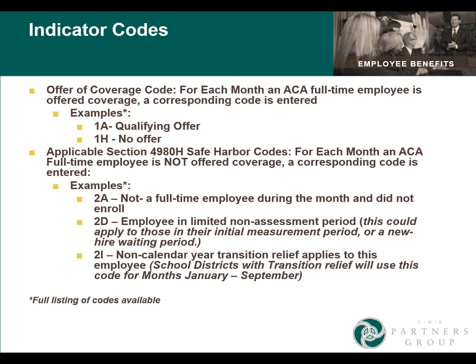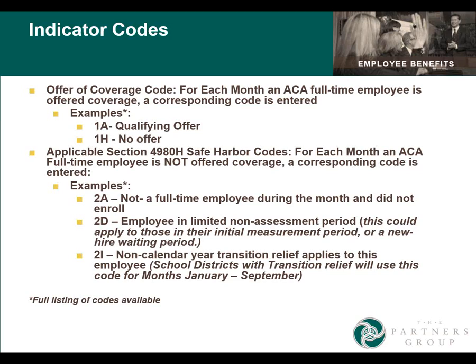We'll talk about this in a little bit, but if you're in that 12-month period where you're being measured and you're not eligible for coverage because you're being measured, then 2D would be the appropriate indicator code to be filled out. That shows that even though the employee was over 130 hours and had worked more than 90 days for the employer, they were not eligible for coverage and there was no penalty that would be paid.